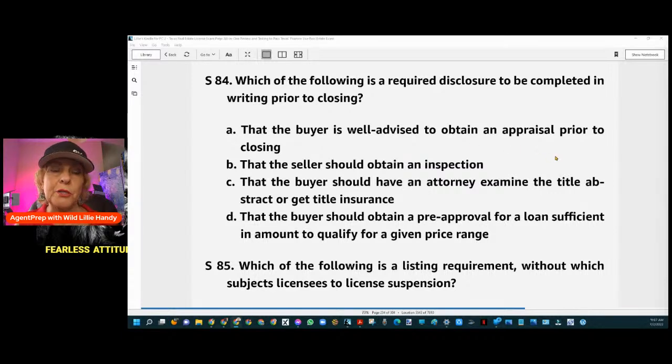B, that the seller should obtain an inspection. C, that the buyer should have an attorney examine the title abstract or get title insurance. Or D, that the buyer should obtain a pre-approval for a loan sufficient in amount to qualify for a given price range. So this is a required disclosure completed in writing prior to closing. Okay, just prior to closing.